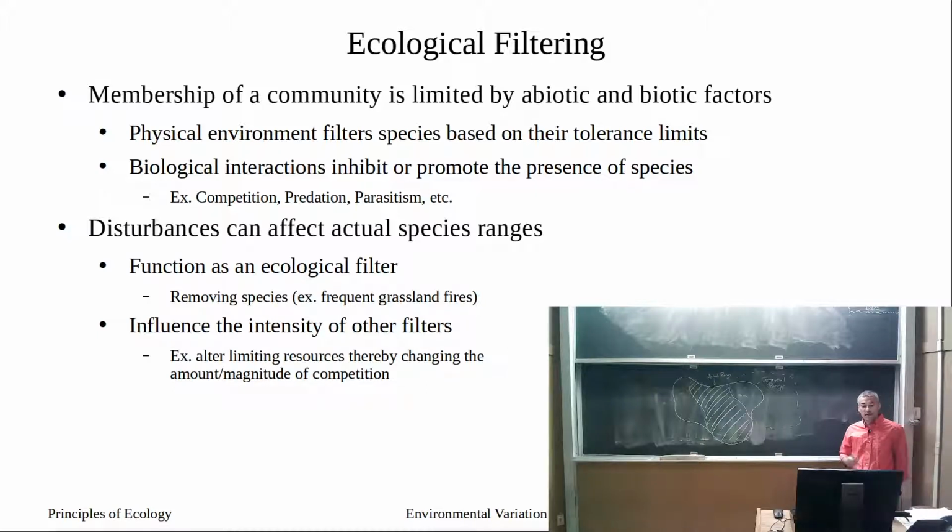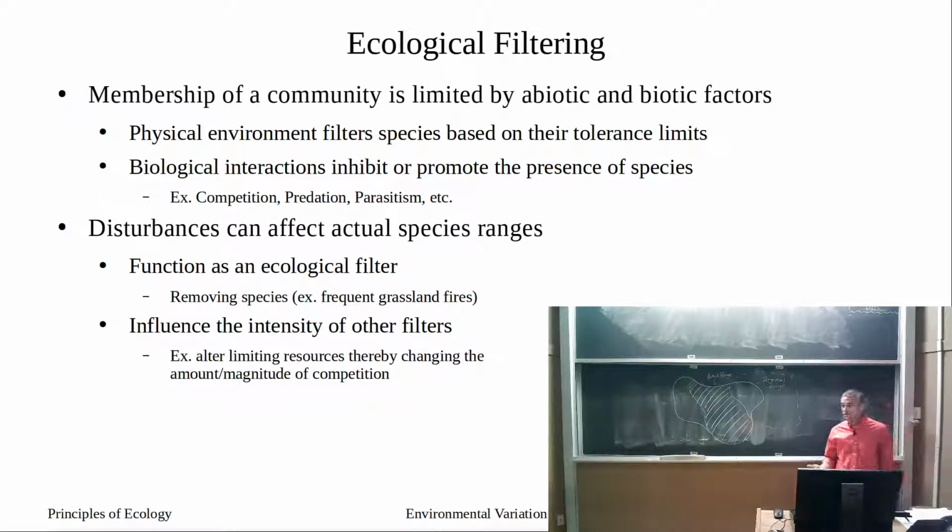How? Well, they can act as an ecological filter too. So it's not just the physical factors and the biological interactions. We also have to consider disturbances, because disturbances can come in and remove species, and prevent them from becoming established.